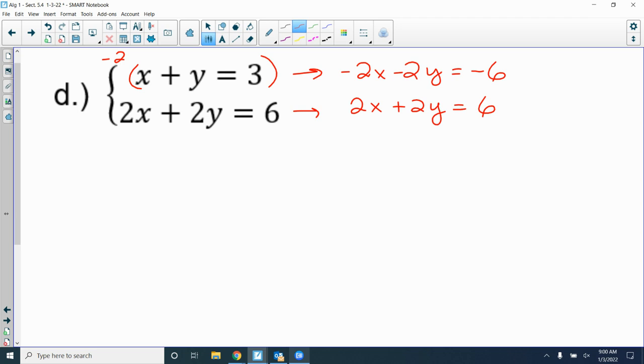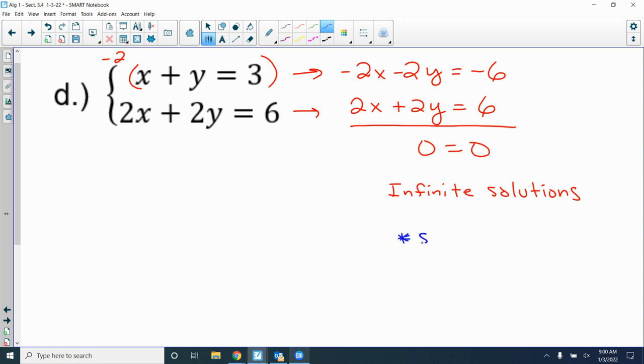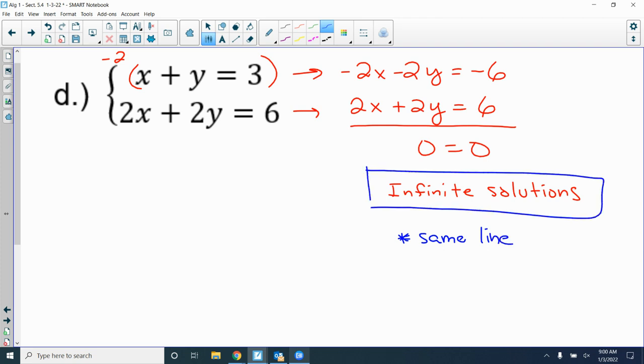What's the whole right-hand side equal? 0. So we get the 0 equals 0 case. Okay, and so that's going to be infinite solutions. These are going to be the same. That tells me that those are the same line. Your answer is infinite solutions. That's just making sure you understand how to relate those.